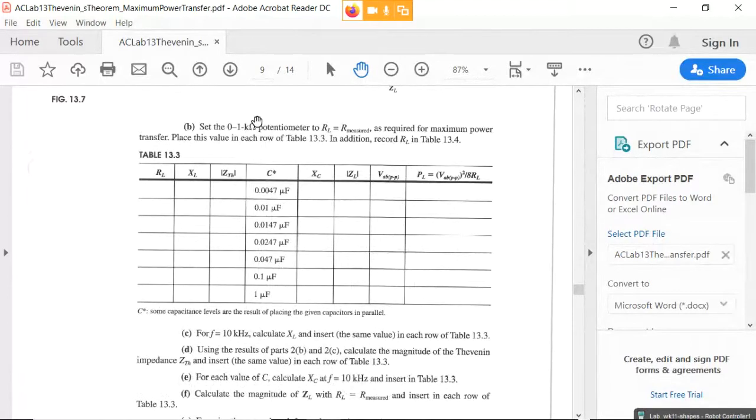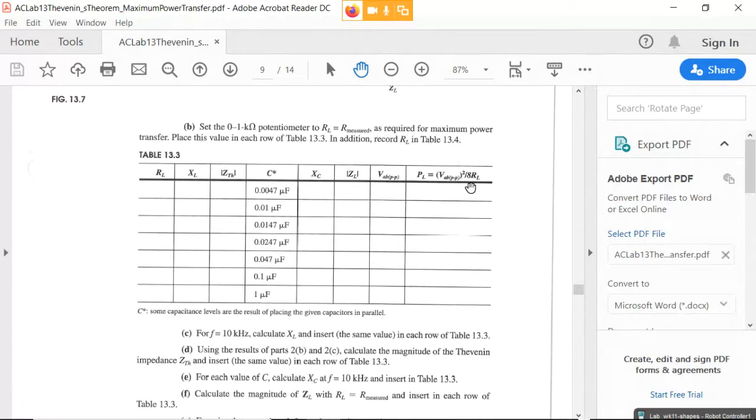Okay, but what you're going to do here is use this 0 to 1K pot, which is what I was showing you, and adjust RL to get the maximum. Effectively what you're looking for is the maximum voltage, right? So over here, maximum power is the voltage squared divided by the resistance.